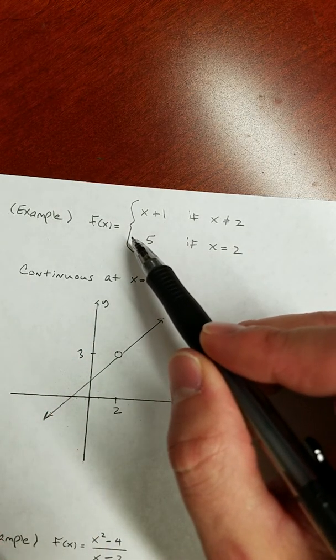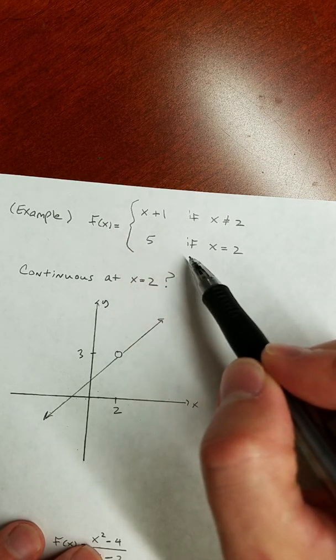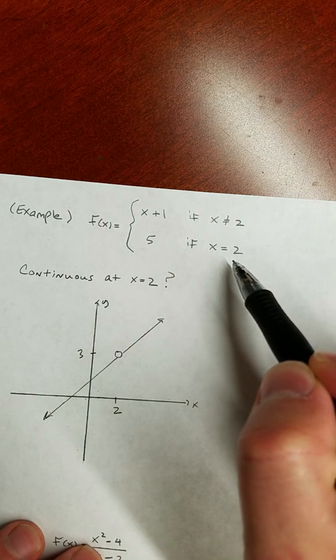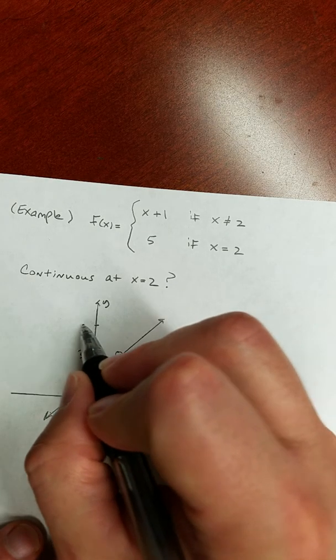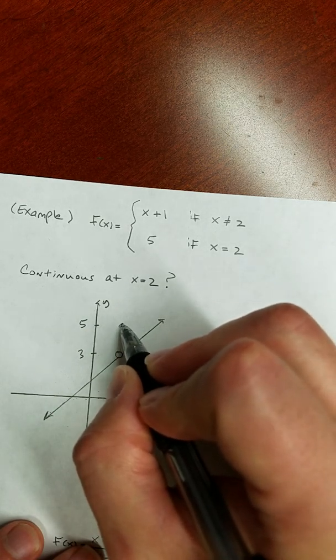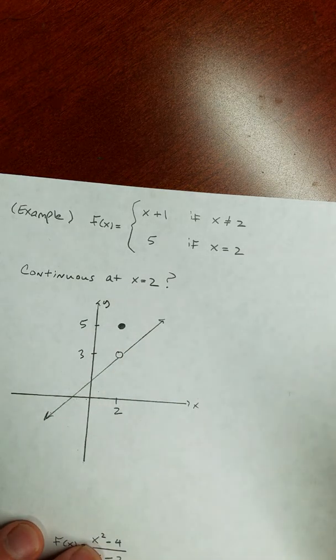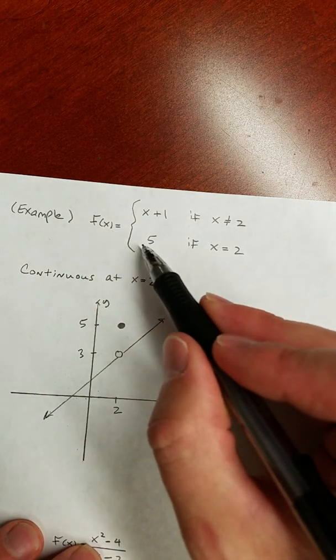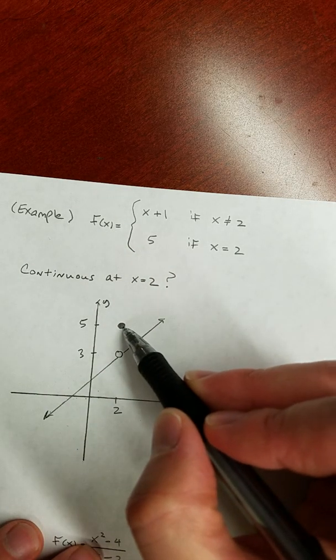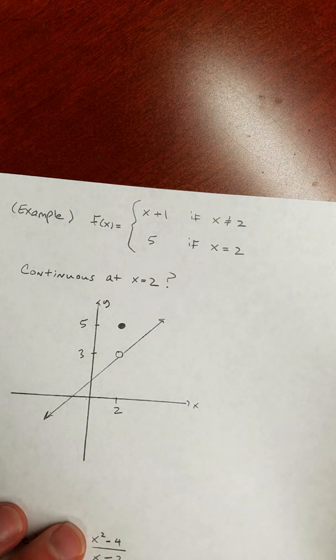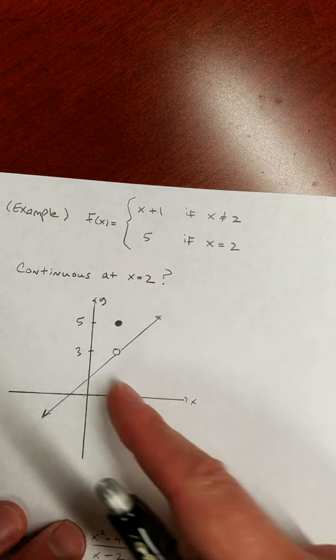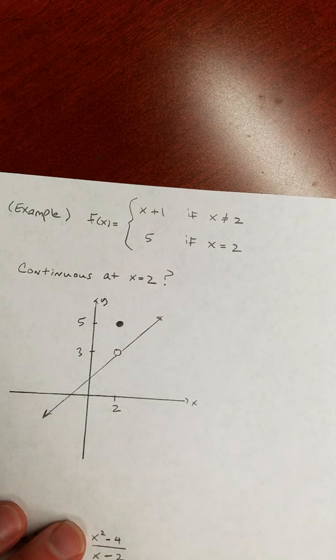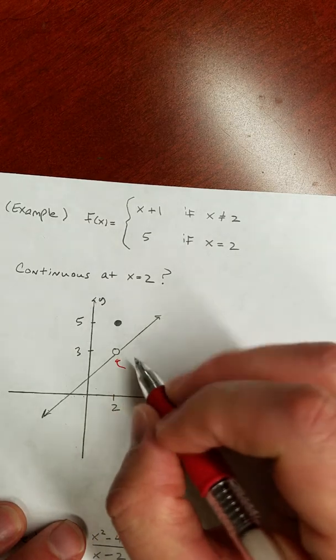The second part says y is 5 if x is 2. So that's telling me that there's just this singular point right there. Y is 5 if x is 2. Up, right there. Okay, that's what it looks like. It's not continuous, right? Not continuous at 2.